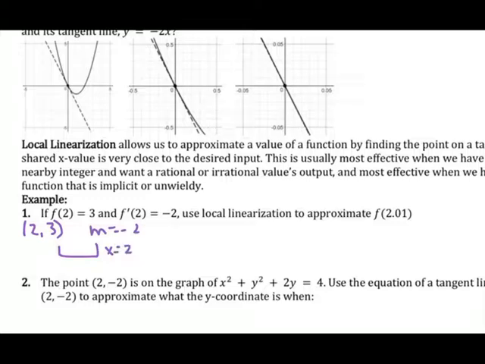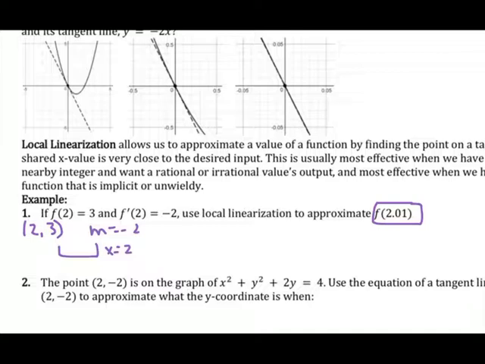Use local linearization to approximate f of 2.01. So what we're saying is we have an approximation, or we have a derivative evaluated at 2, and 2 is pretty close to 2.01. So how could we use what we know to approximate a future value? The first thing I want to do is just give you the model that we're going to use for approximation.